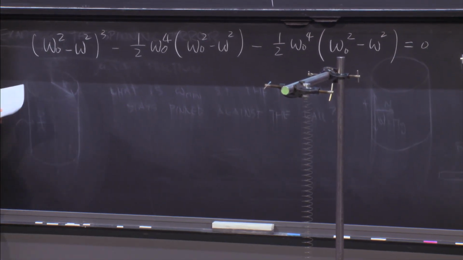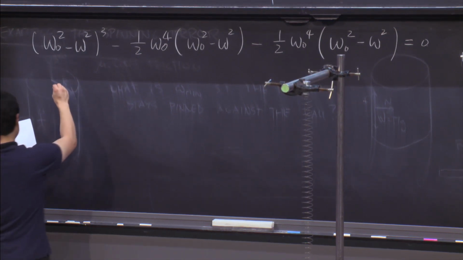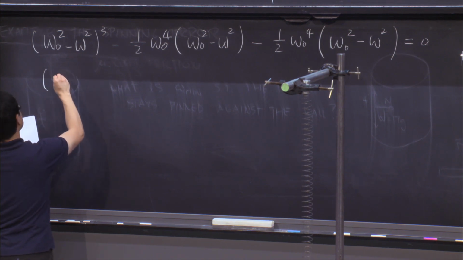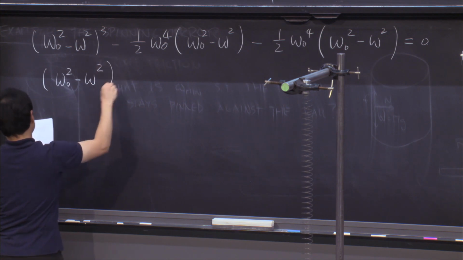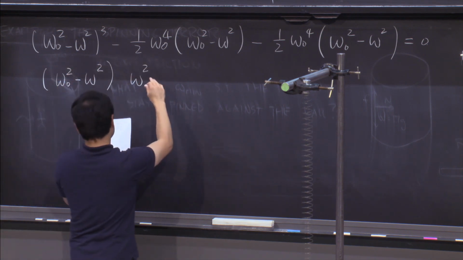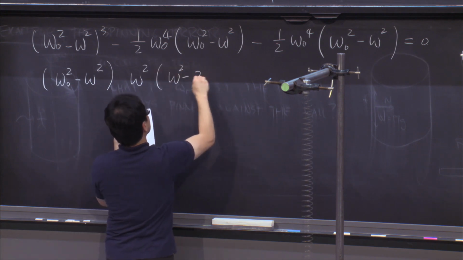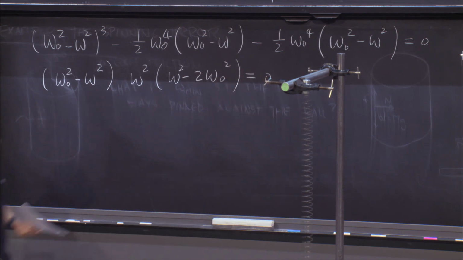And actually you can factorize out the common components. Then basically you can rewrite this thing as omega 0 squared minus omega squared, right? Because all of them have omega squared, and omega squared minus 2 omega 0 squared. Now this is equal to 0, okay?